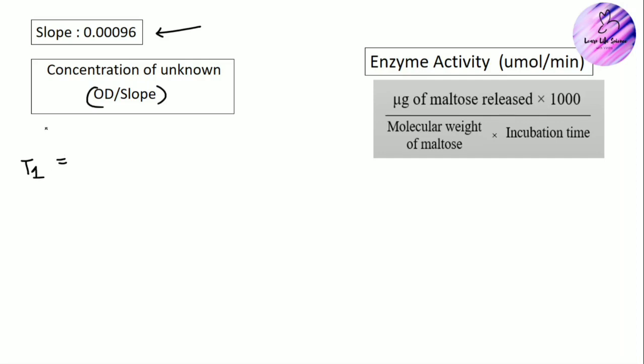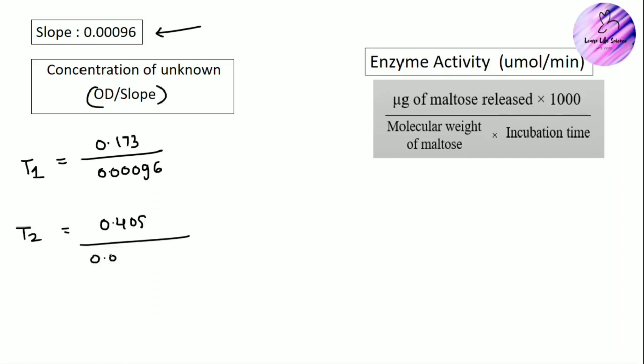The test tube T1 has the absorbance of 0.173, and we are going to divide it by 0.00096. Similarly, for T2 it is 0.405 divided by 0.00096, and for T3 it is 0.793 divided by 0.00096.